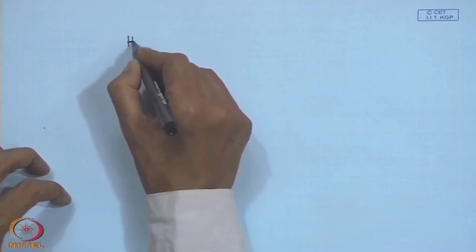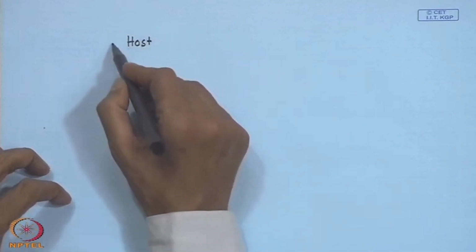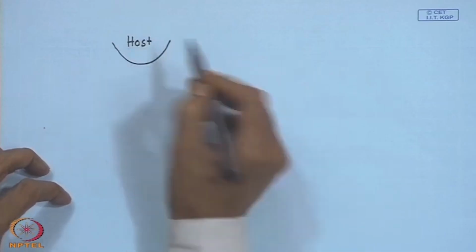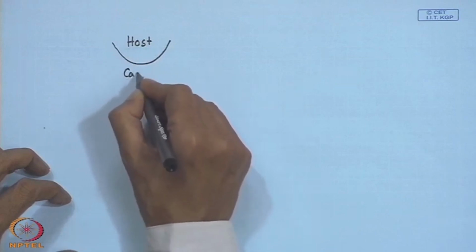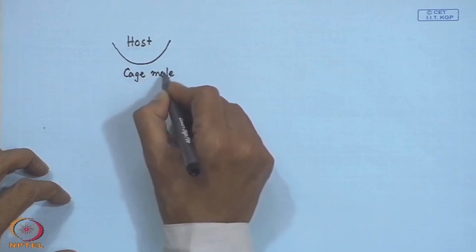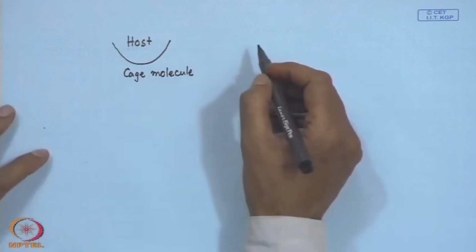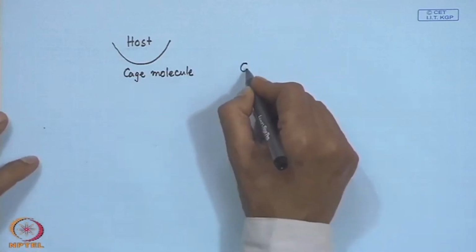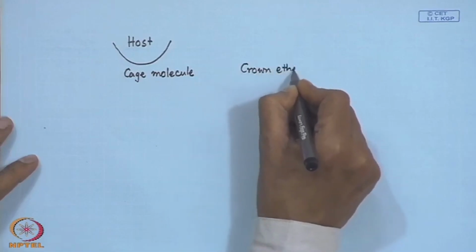So, when we have no such physical quantity like metal and ligand, but we can have a host, such as some big inorganic cage or some organic cage, some cage molecule, or say a crown ether.